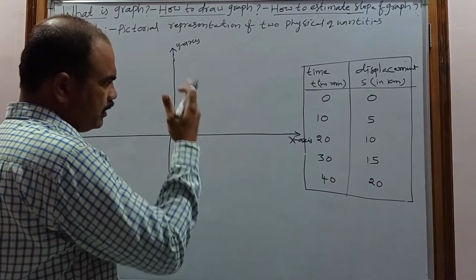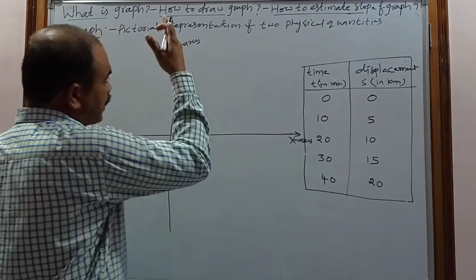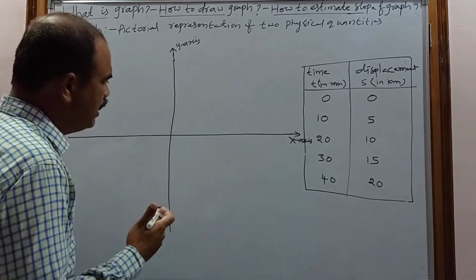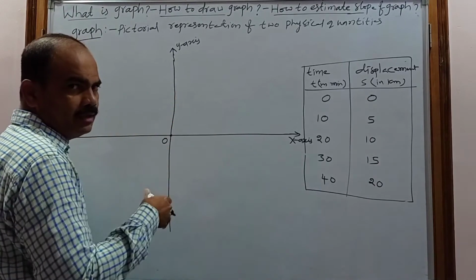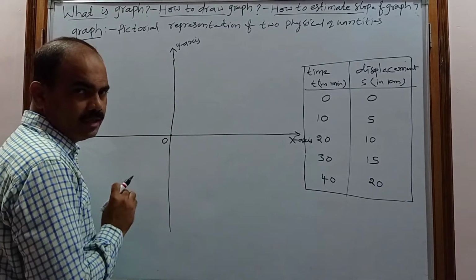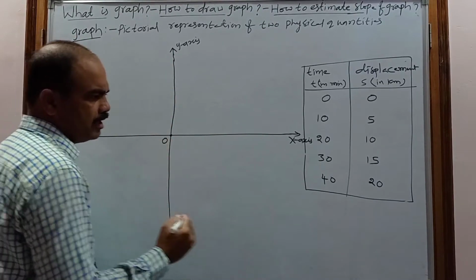After drawing the two perpendicular lines, the horizontal line will be called the x-axis and the vertical line will be called what? Y-axis. The center of these two perpendicular lines, or the intersection point of the x-axis and y-axis, will be called what? Origin.